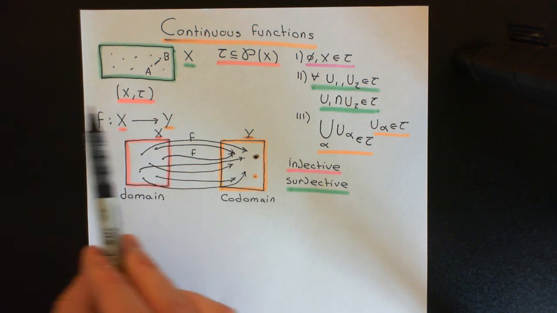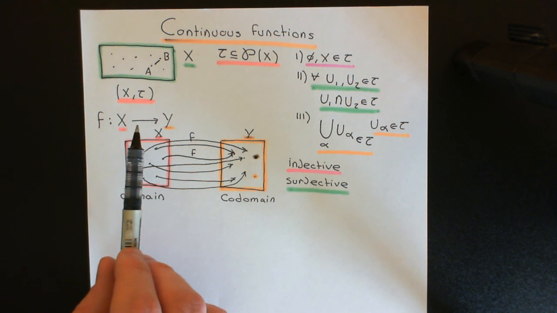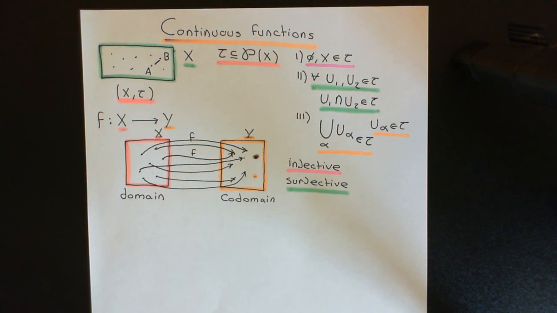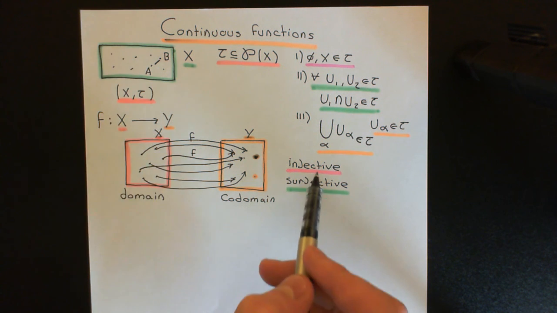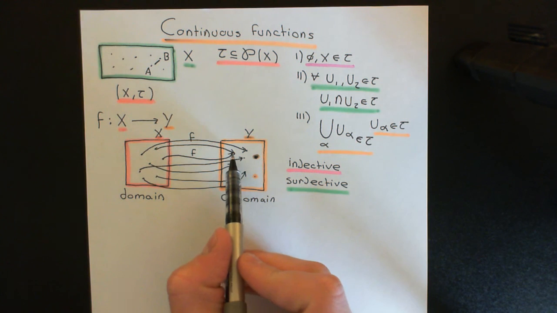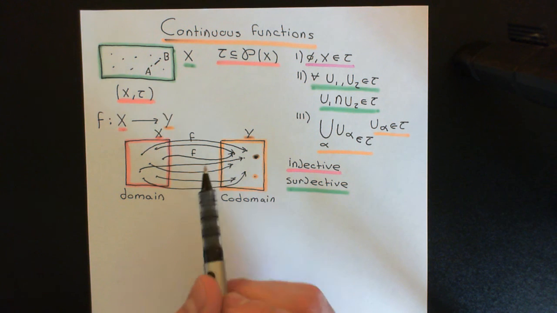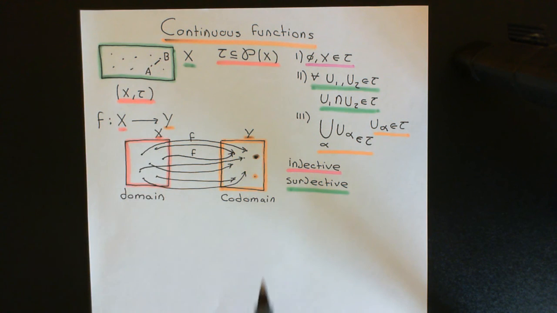Now I should say, what I've drawn here is a perfectly reasonable function. It's taking all the elements of the domain and mapping them onto elements in the codomain. But it satisfies neither of these two fancy words. It is not injective because we've got this point here, which is the image of both of these points here in the codomain, and it's not surjective because we've got points in the codomain which have nothing being mapped onto them from the domain.